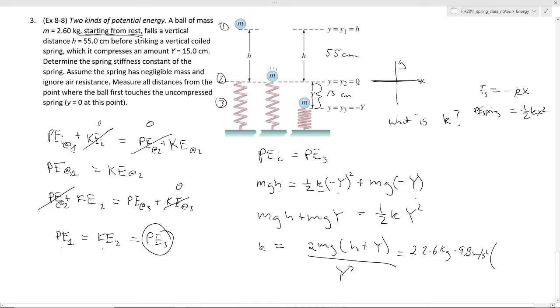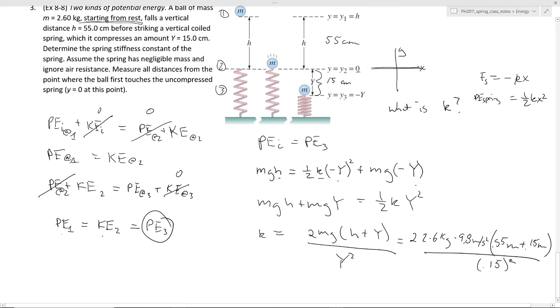Our height, let's see, we have 0.55 meters plus 0.15 meters. And then this is all divided by 0.15 squared. We crunch the numbers. This is going to give us k equals 1590.